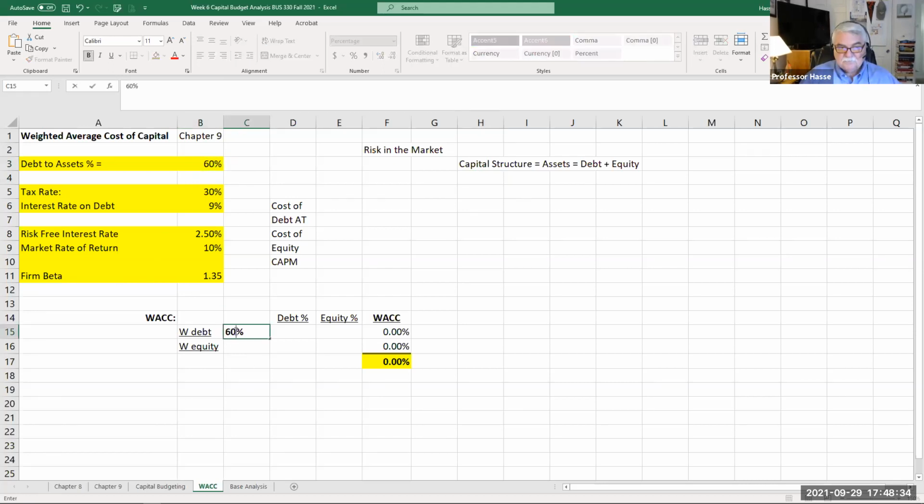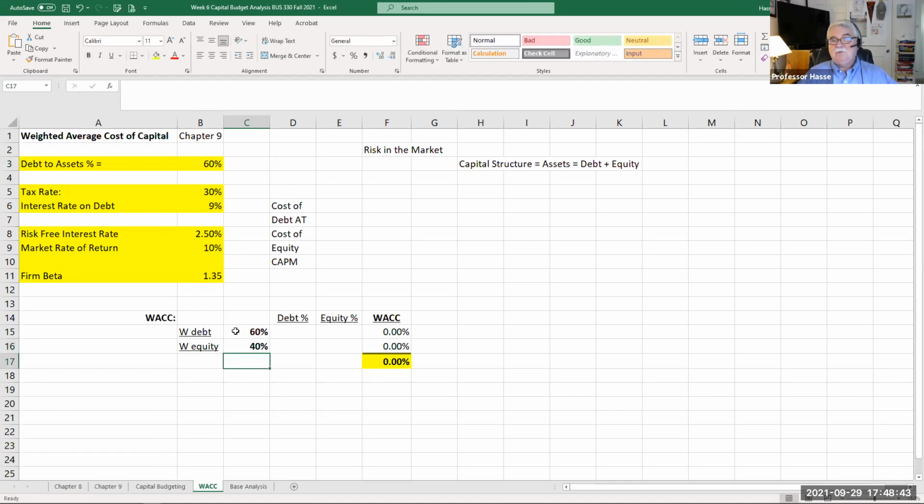Now, if it's 60% debt, that means the equity has got to be 40%. Because remember, see this equation? Assets equals debt plus equity. Assets are 100%. If debt is 60%, that means equity has to be 40% of the capital structure.